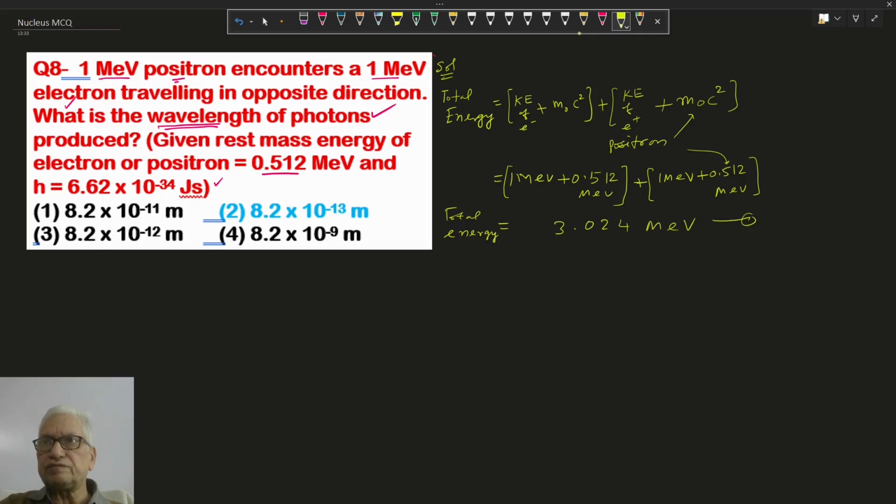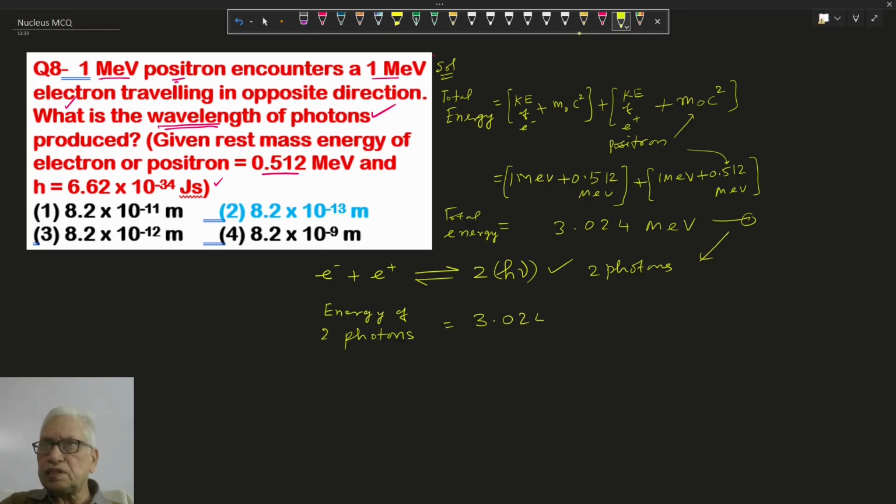Now this is equation 1, and we know that if the electron and the positron combine, we get 2 photons. It is the reverse reaction. So by equation 1, the energy of 2 photons is equal to 3.024 million electron volt.